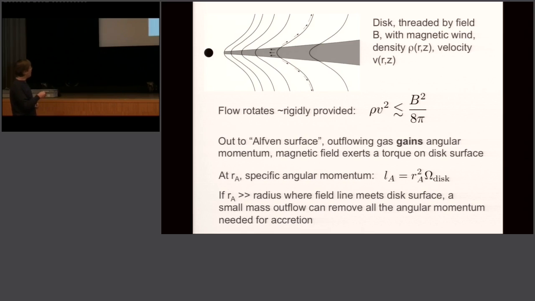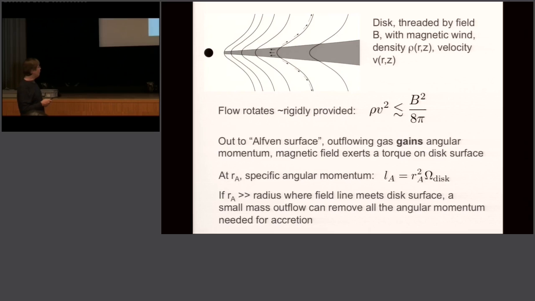So if we define that Alfvén surface to be at R_A, the specific angular momentum of the gas that's rigidly rotating would just be V times R. So that would be the Alfvén surface radius squared times the angular velocity of the disk at the point where that particular magnetic field line comes back to meet the disk surface.